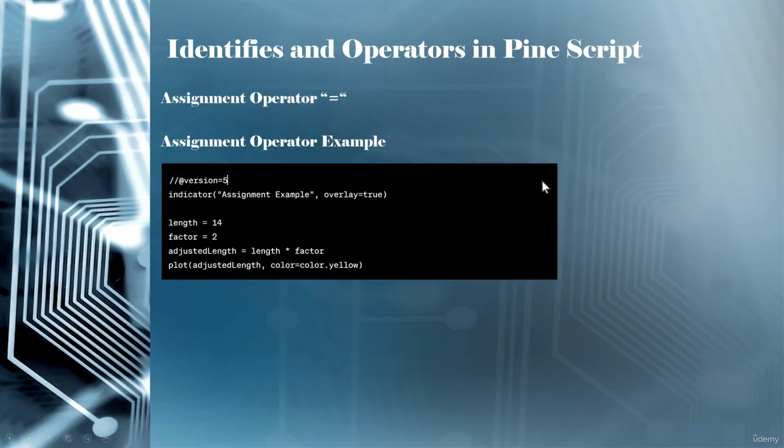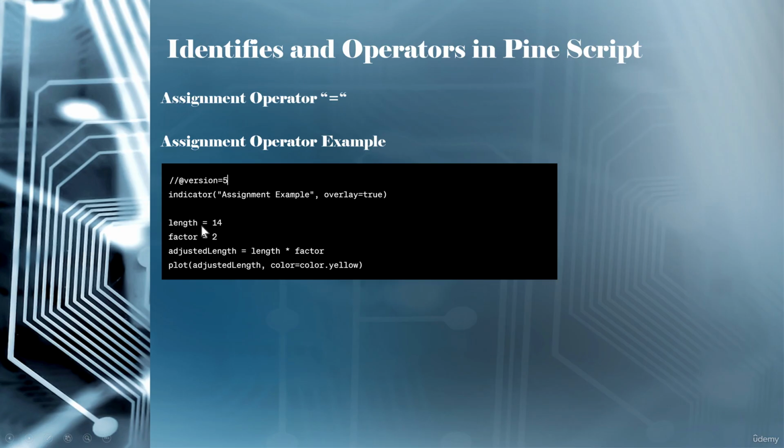Now let's review the assignment operator, which uses the symbol equal. The assignment operator assigns a value to a variable when it is initialized or declared for the first time. It signifies the beginning of a new variable and its initial value. So this is an example of how you use the assignment operator.